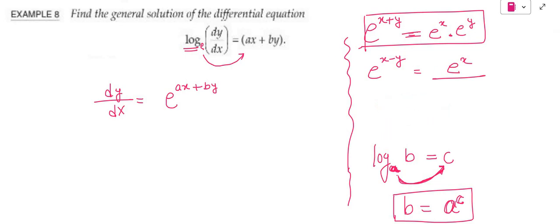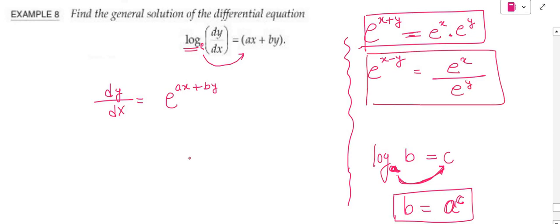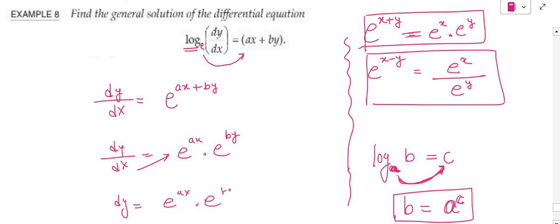Write down these two formulas. These are basic formulas. So this will become dy by dx is e raised to power ax into e raised to power by. Now can I take dx there? So it will be e raised to power ax, e raised to power by, dx.